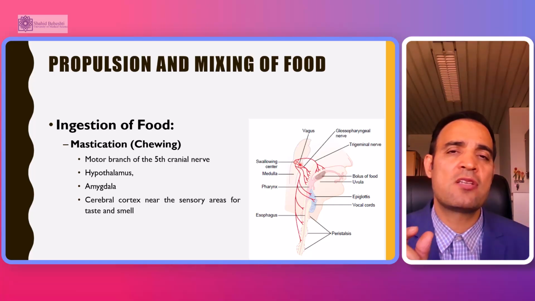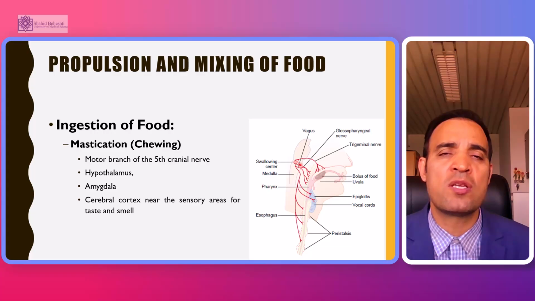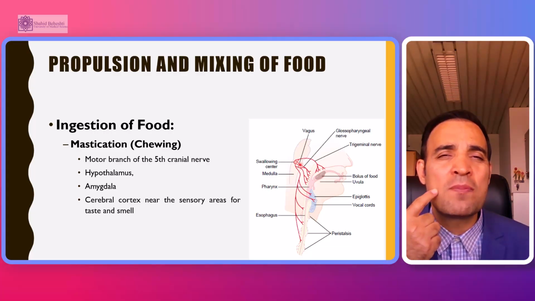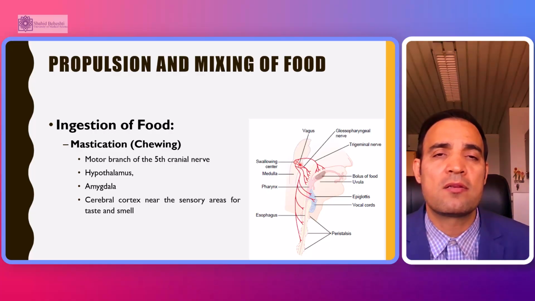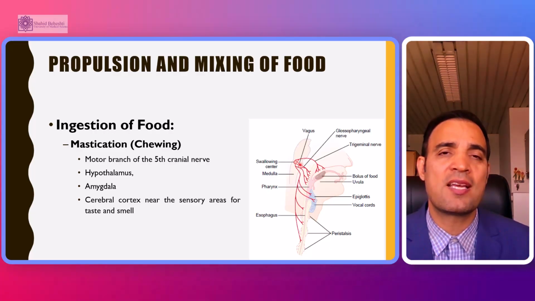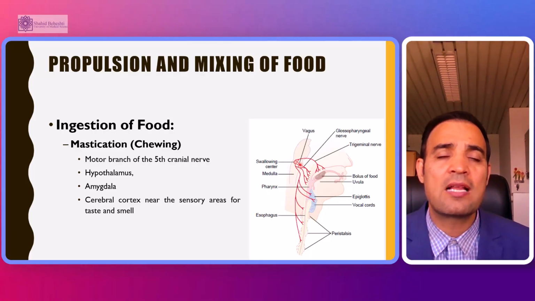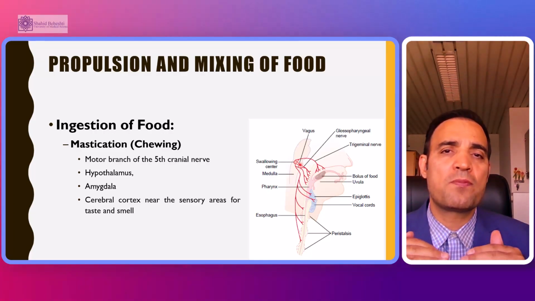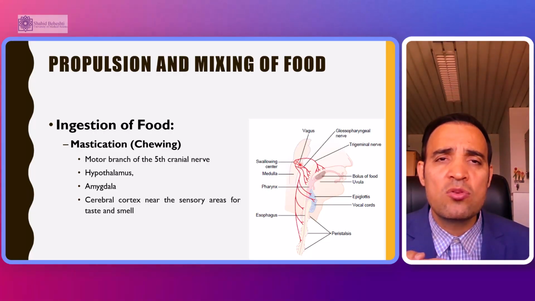Or sometimes even some reaction will happen. For example, imagine you put a piece of food into your mouth and you are chewing, and suddenly, according to the taste, because the cortex analyzes the taste, you say that the taste is disgusting, and immediately the process of chewing will stop, and even you try to reject this food.